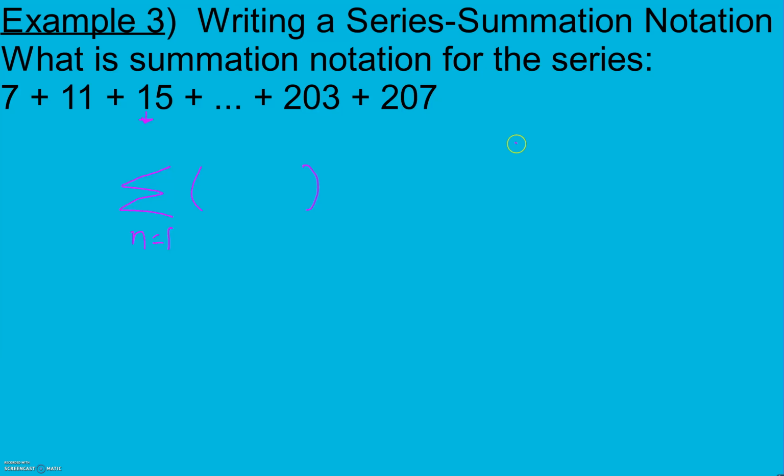So explicit formula, a sub n equals a sub 1 plus n minus 1 times our common difference. 7 to 11, we add 4. Here we add 4, add 4. So we're going to add 4 all the way through. That's going to be our common difference.